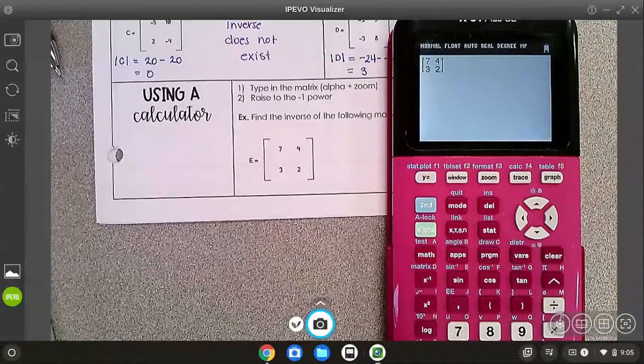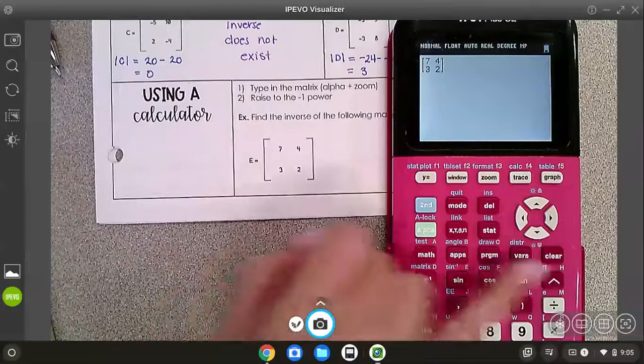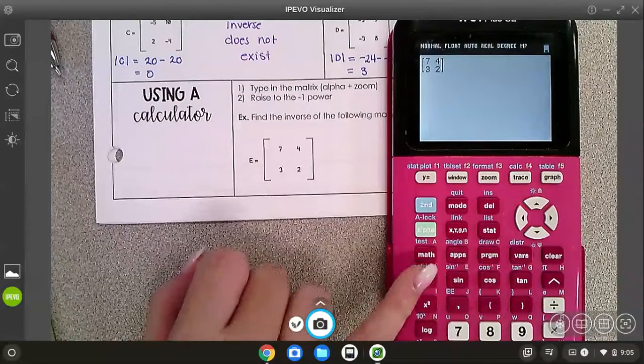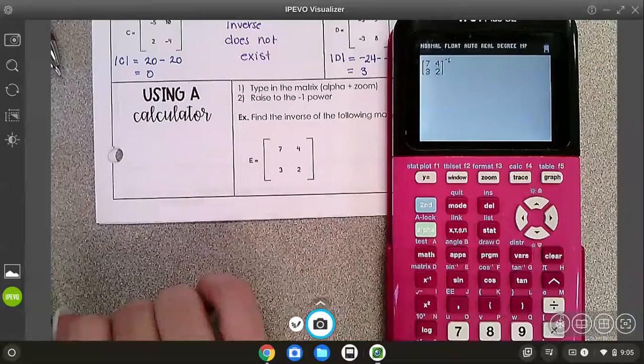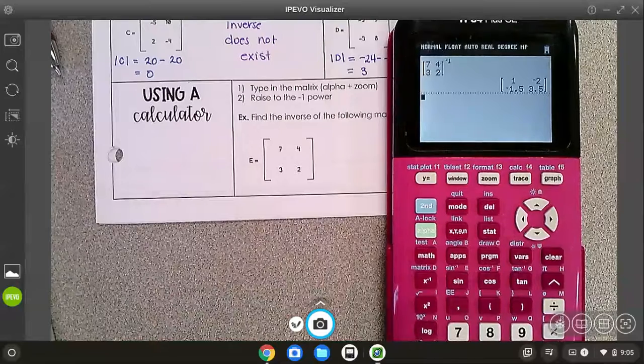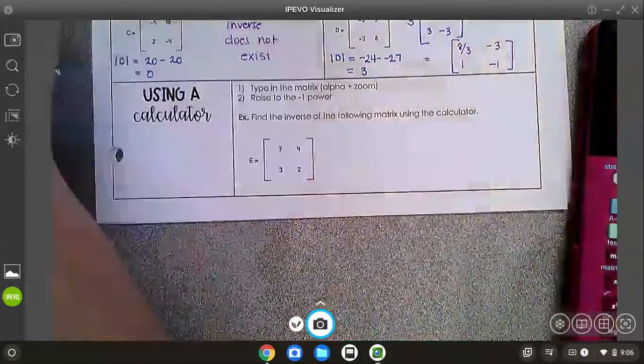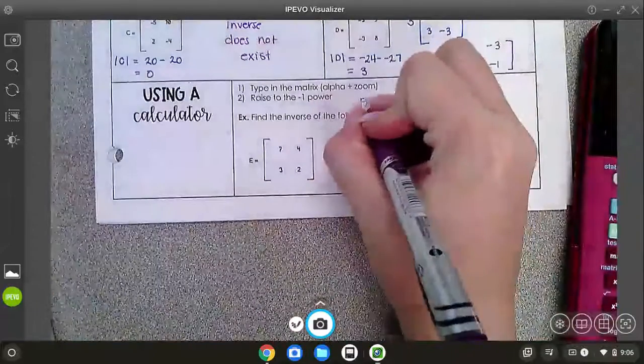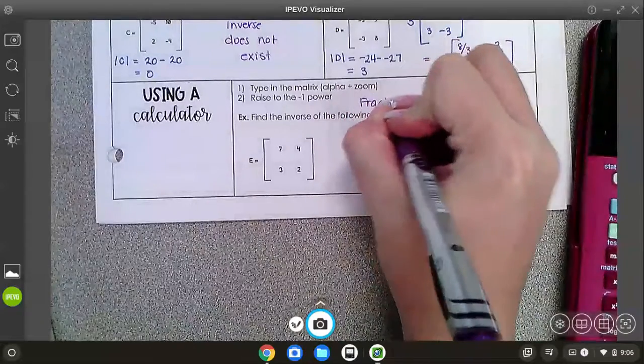And then go outside of the matrix and give it an exponent of -1. There's a button specifically for that. Or you can just do the exponent and type in -1. It will always give you decimals here. These decimals are okay. I mean, they're 0.5, so that's fine. But if you need to convert it to a fraction, you might want to write that on here.